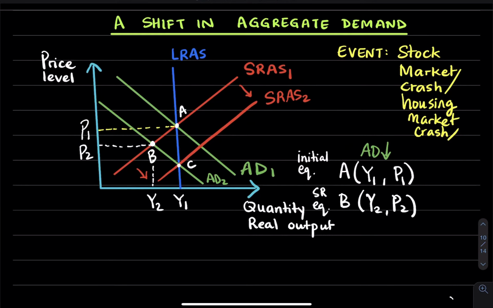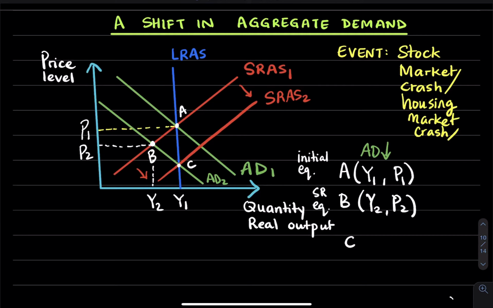This is point C, and point C is where the new aggregate demand curve, AD2, crosses the long run aggregate supply curve.